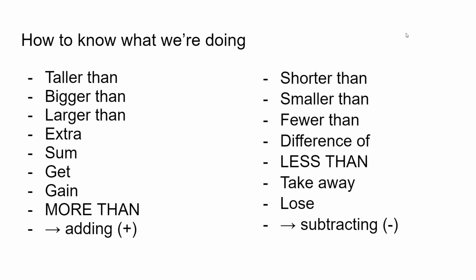On the opposite end, if we get words like shorter than, smaller than, fewer than, there's a difference of, take away, lose, any word that means less than something means we're subtracting. So that's how we know the difference. And if we see words like is, will be, should be, that means equals. So that's how we know where to put our equals sign.